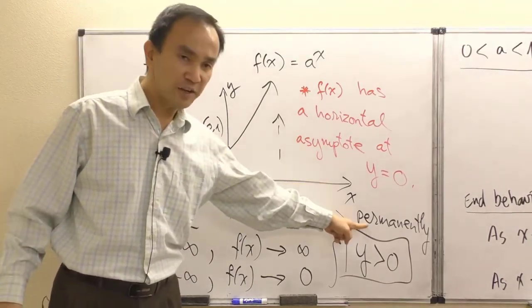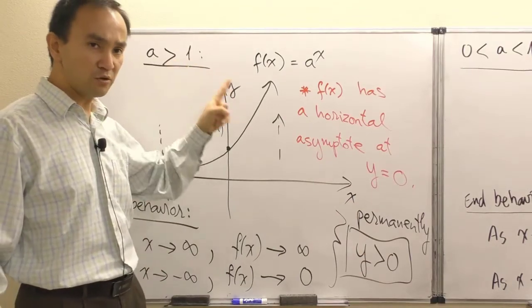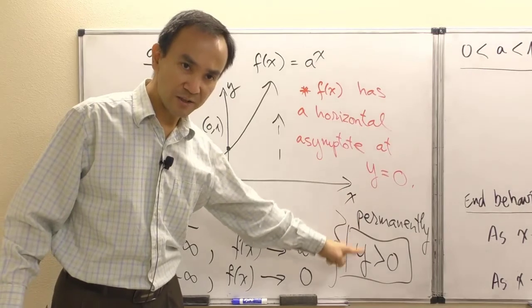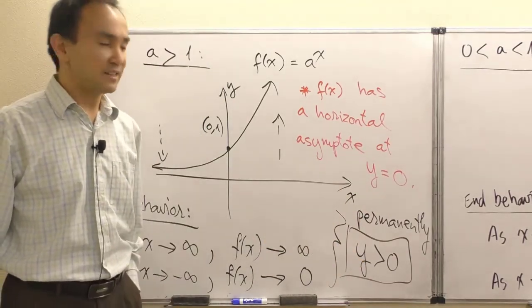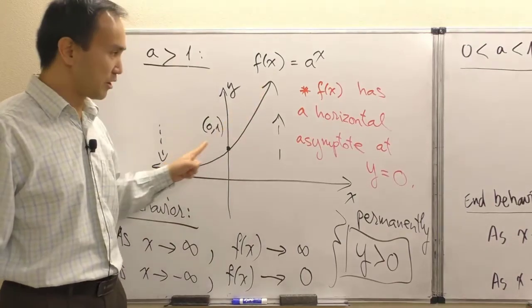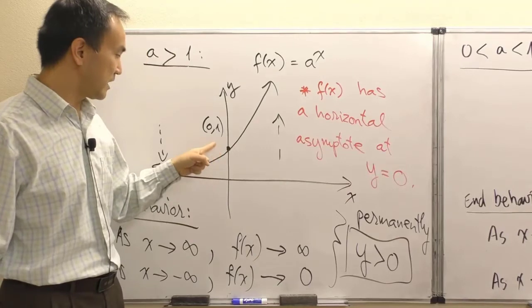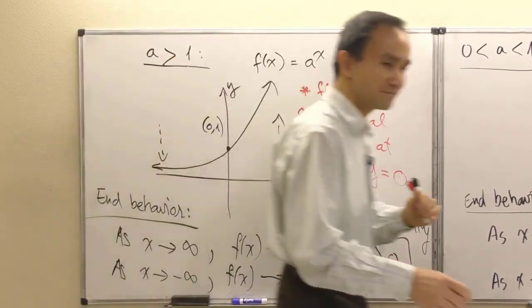And this feature was common for both cases, when a was greater than 1 or a was less than 1. The value for y stays permanently positive, above 0. All right, and then going one way, either going up or going down. Okay, and then going through that y-intercept at (0, 1). (0, 1) is here.